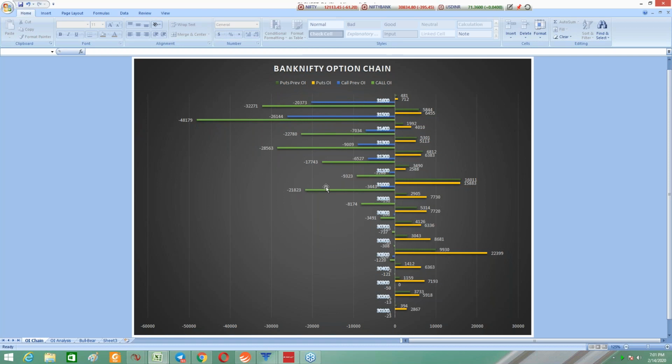Now obviously Bank Nifty has changed its pivot level, and 31,000 has become the pivot level. As of now, we know that the writers who are highly active have more conviction at 31,000 and above, but 31,100 and 31,200 have not got a very good amount of call writing till now.